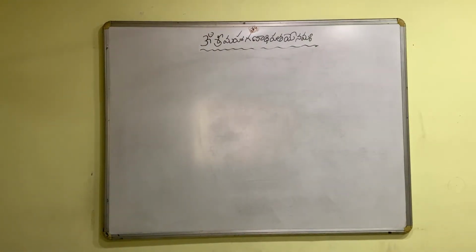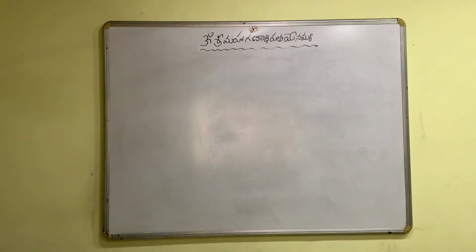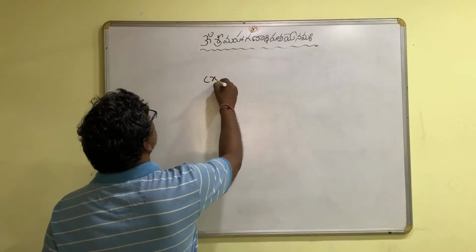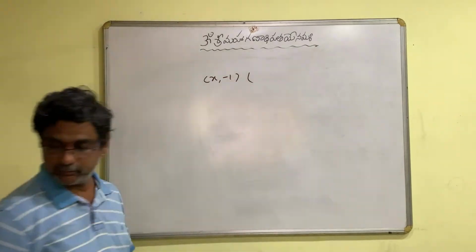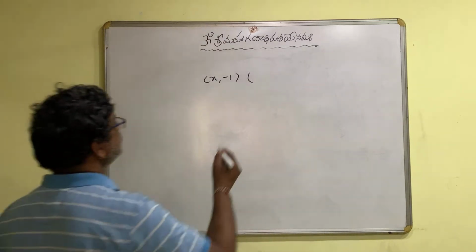Find all possible values of x for which the distance between the points (x, -1) and (5, 3) is 5 units.